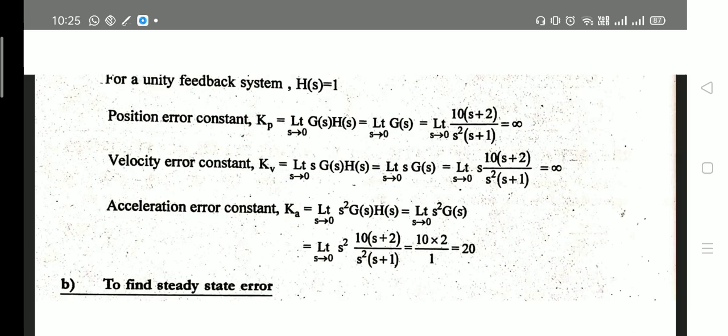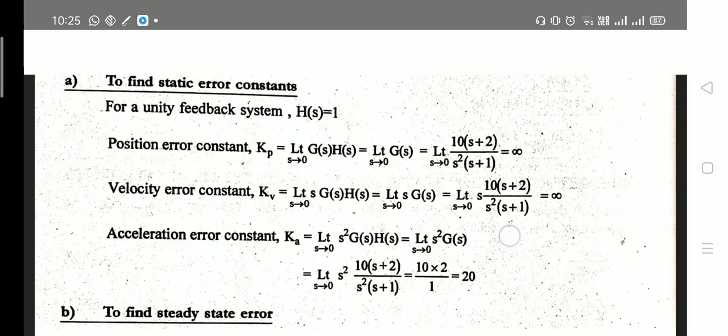Next, the acceleration error constant Ka is equal to limit s tends to 0 of s square G of s H of s. Substituting the G of s value, the s square cancels, then substituting s value, 10 into 2 by 1, that is 20. Here the acceleration error constant is 20, a constant value, because this is a type 2 system.